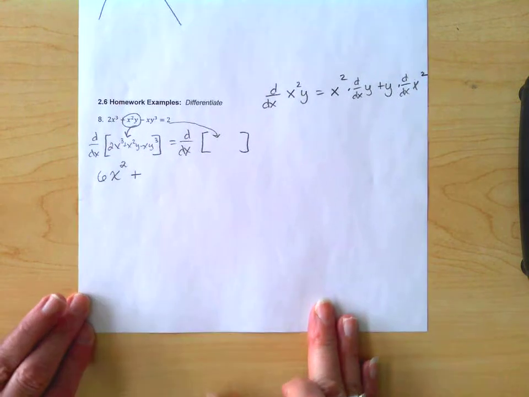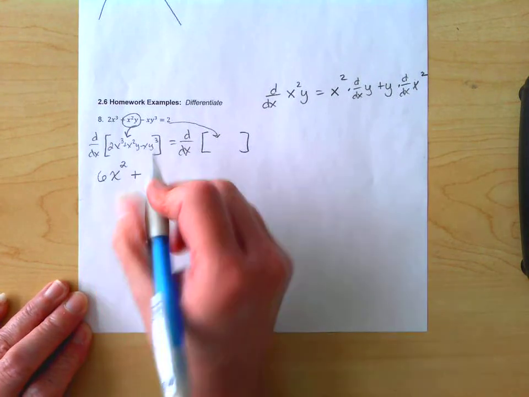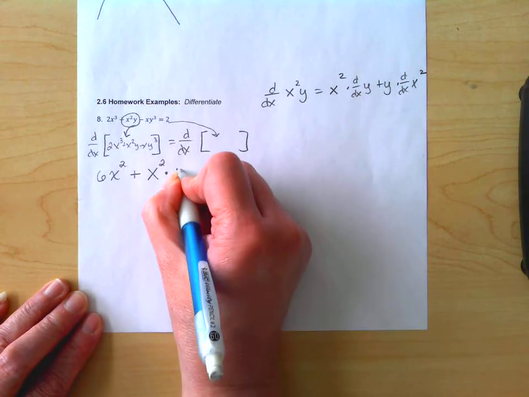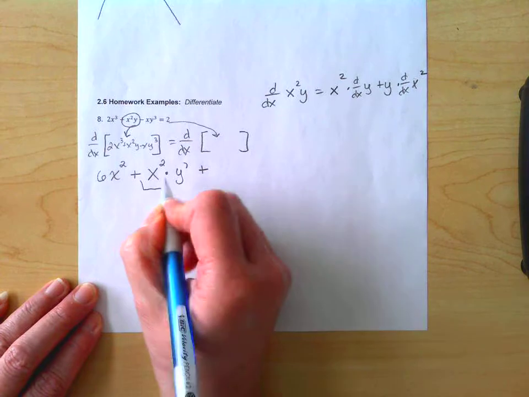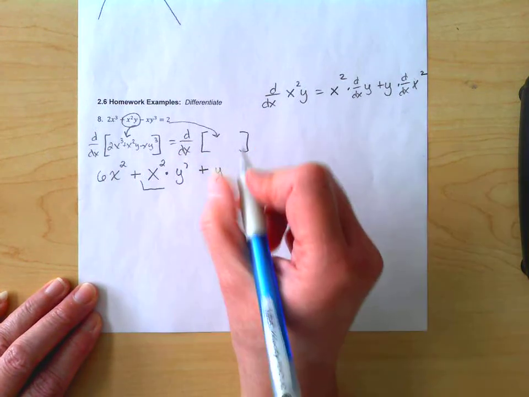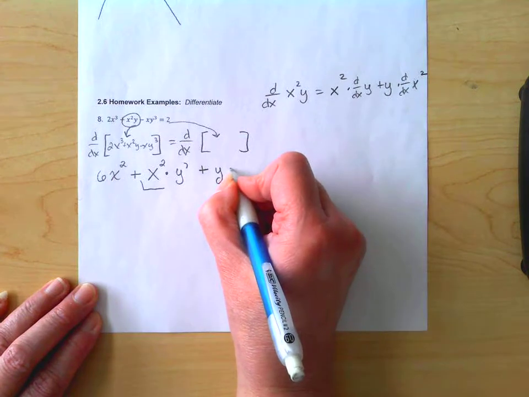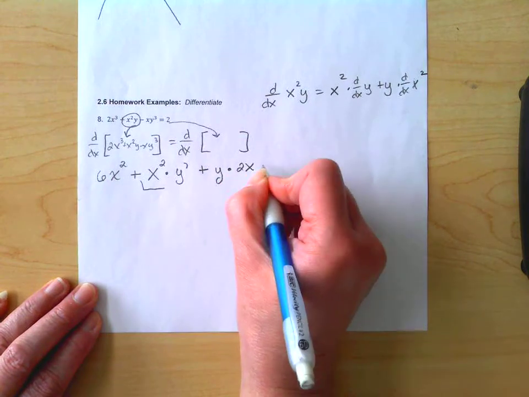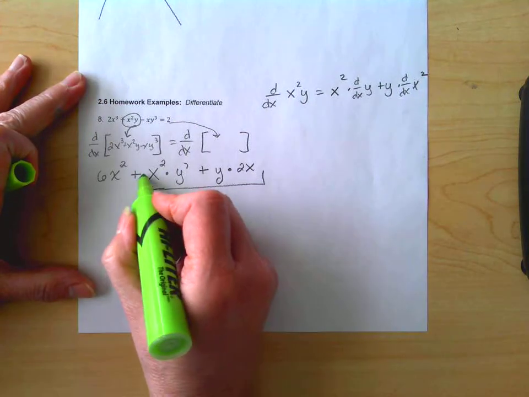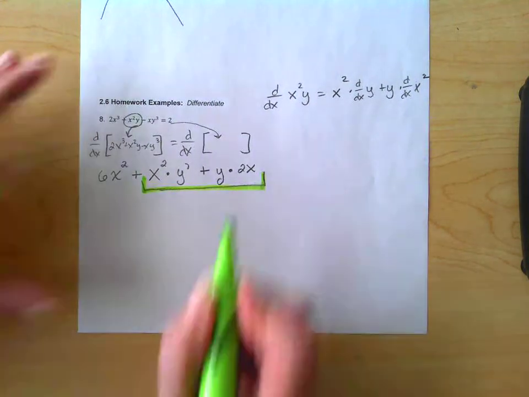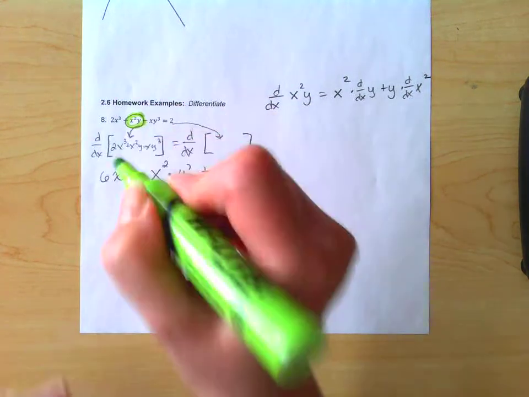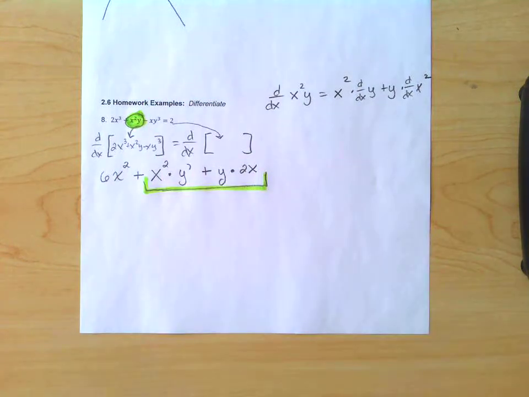So applying that, the derivative of x squared y would be the first, x squared, times the derivative of y, plus the second, that's the y, times the derivative of x squared. So this piece here, x squared y prime plus y times 2x, is the derivative of x squared y.